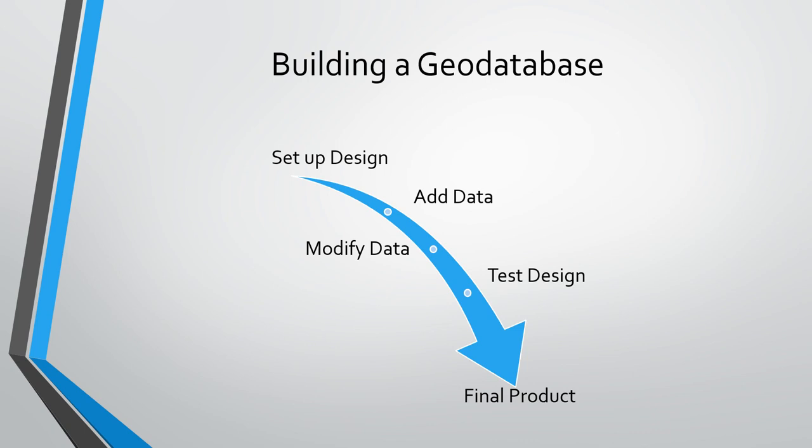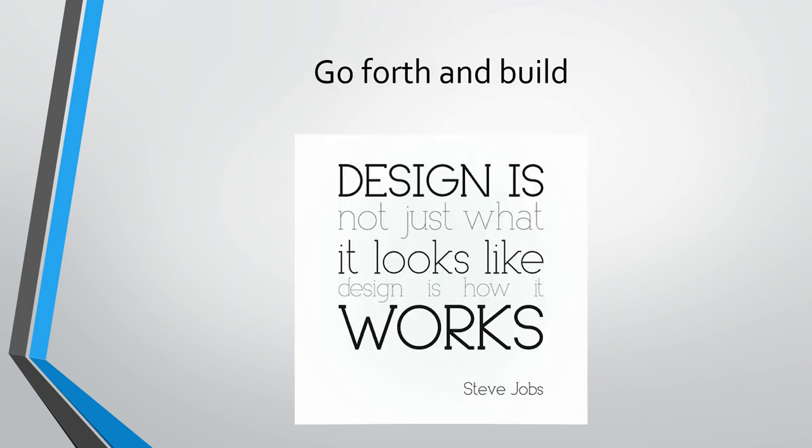And all these steps kind of trickle down with each other to get you to a built database. So with this, go forth and build your fantastic database. Thank you.